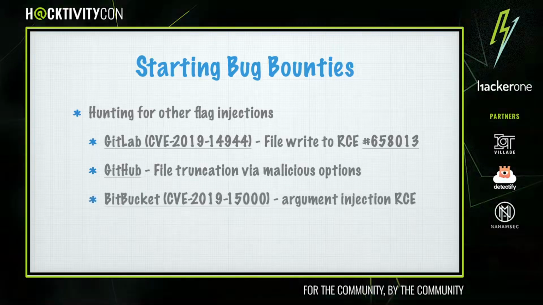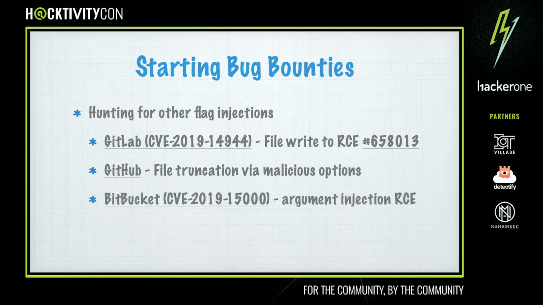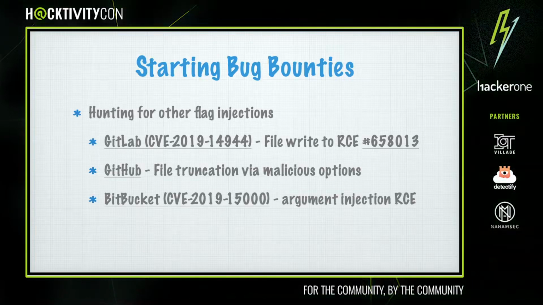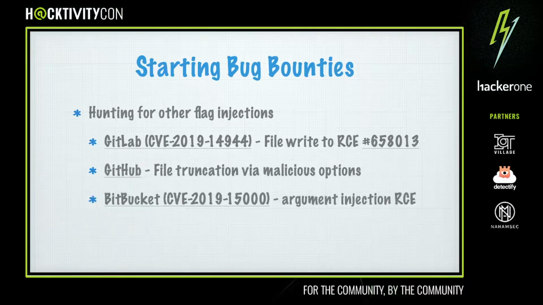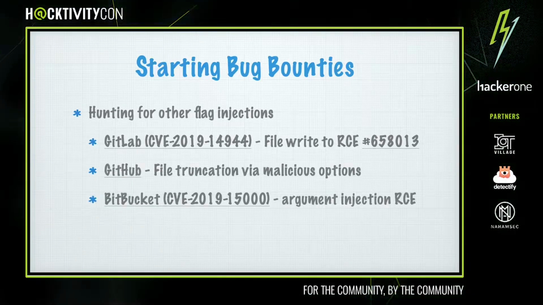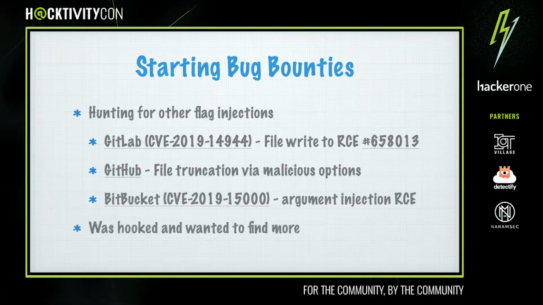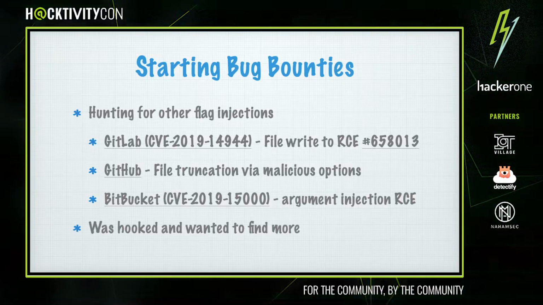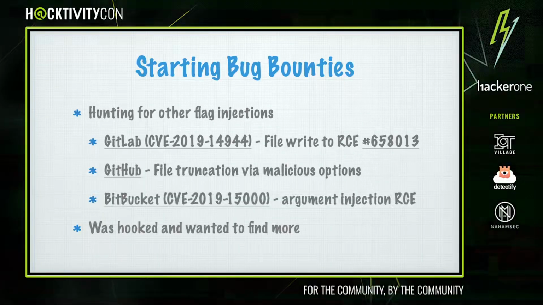And there was a file write to RCE bug in Bitbucket, and both of these were abusing the same Git argument injection technique. After finding and reporting these issues, I was having quite a lot of fun with bug bounties, and knew it was something that I wanted to continue with and to learn more.